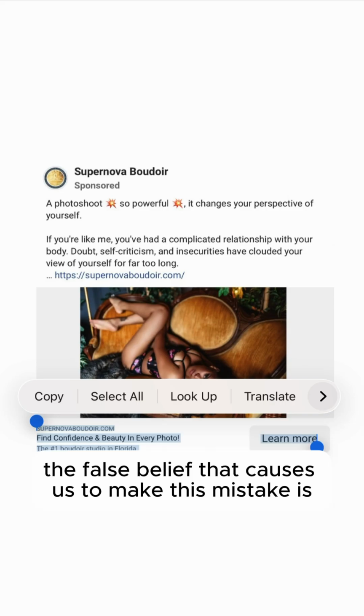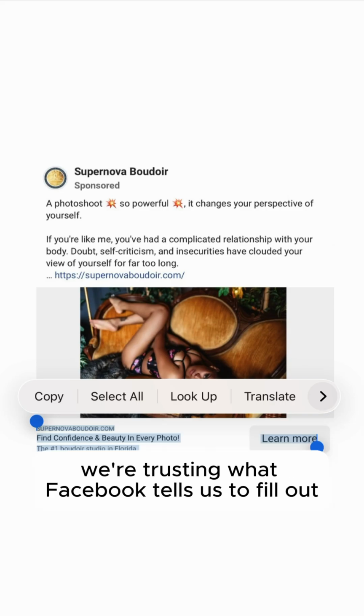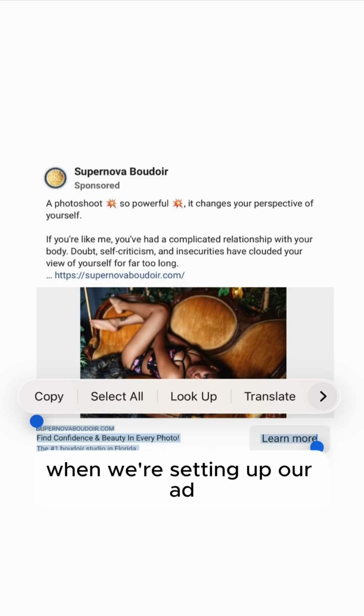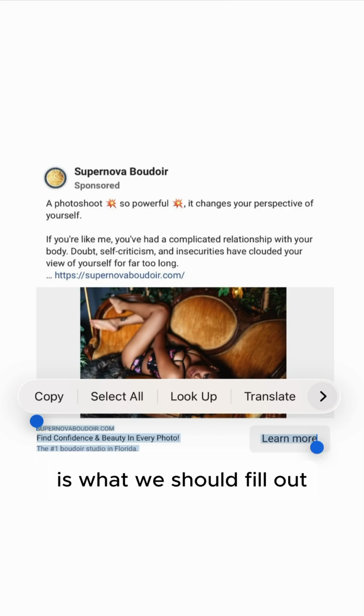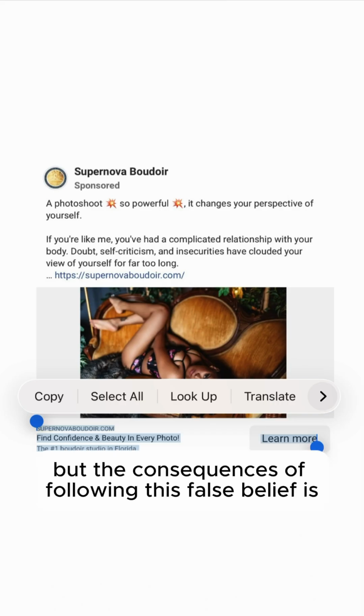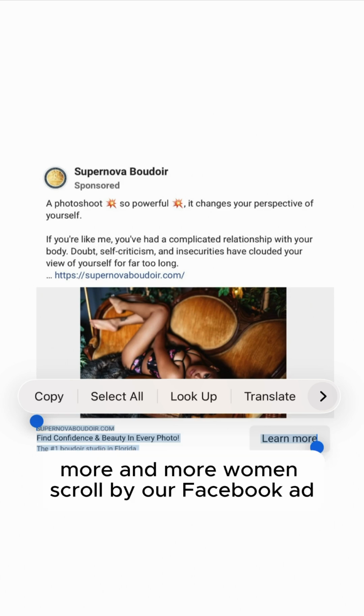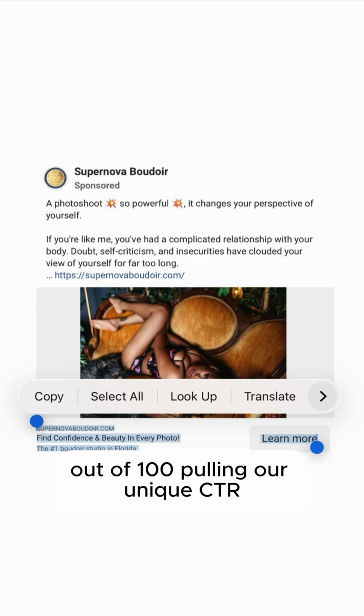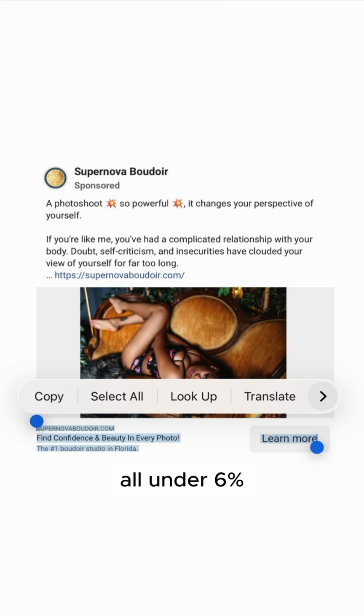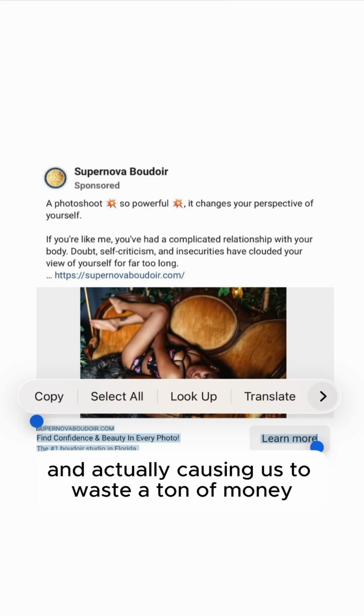The false belief that causes us to make this mistake is we're trusting that what Facebook tells us to fill out when we're setting up our ad is what we should fill out. But the consequence of following this false belief is more and more women scroll by our Boudoir Facebook ad out of 100, pulling our unique CTR under 6% and causing us to waste a ton of money.